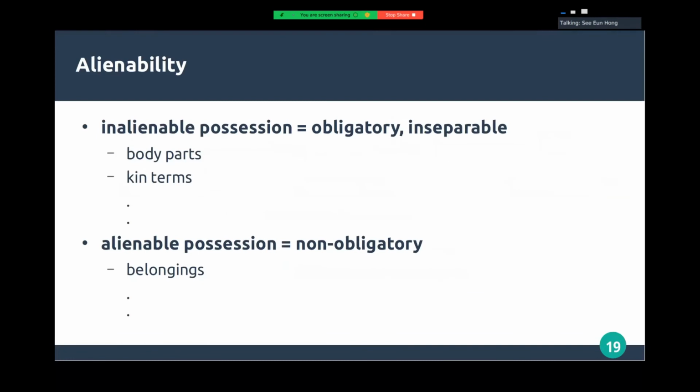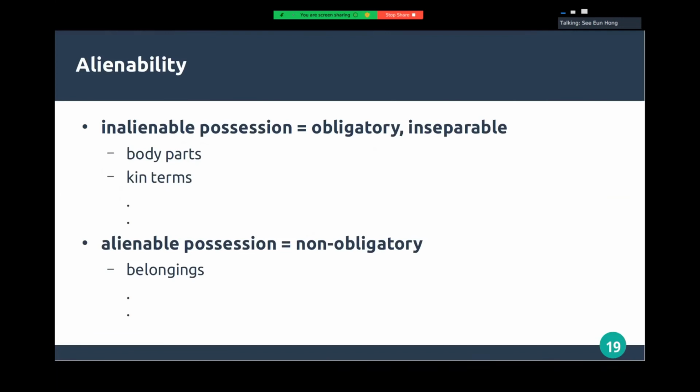And now the last category we are going to look at is alienability. And alienability is a type of possession. So inalienable possession is a possession that is obligatory and that is inseparable, like the possession of body parts.